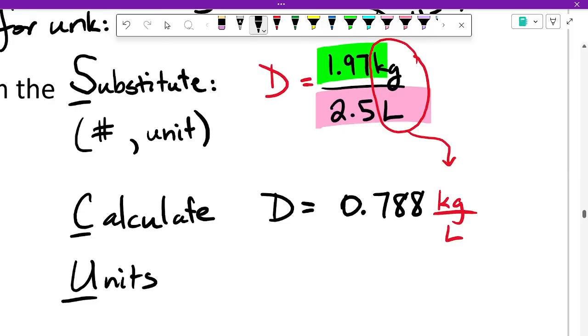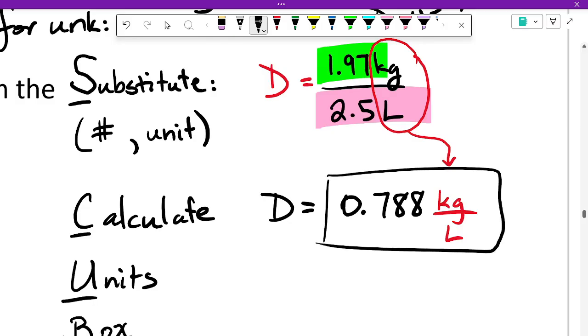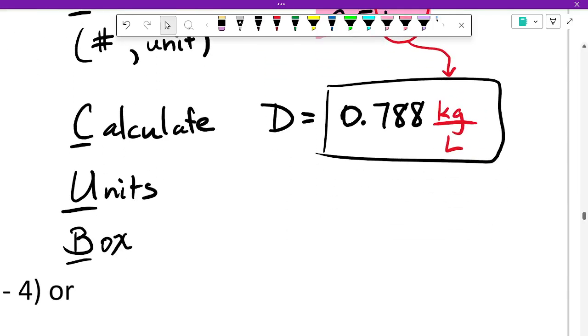What letter comes after U? B. B stands for box. Box your answer. Technically, you should probably do the S before the B, but guess CUBS doesn't sound very good. So the box can happen at the very end.